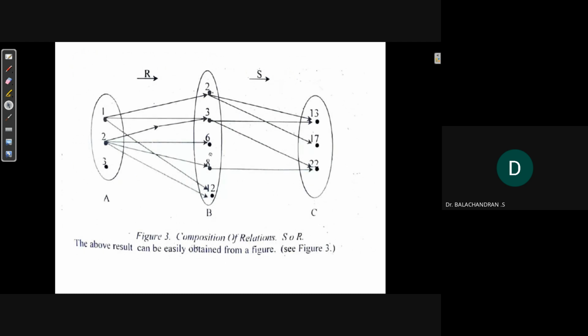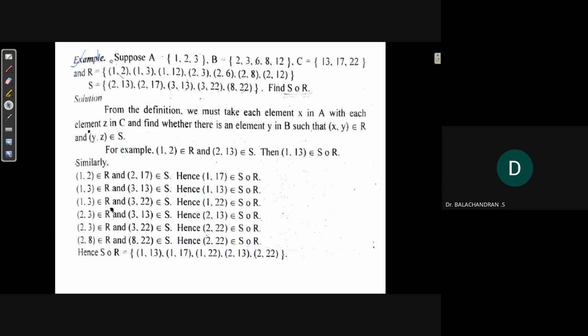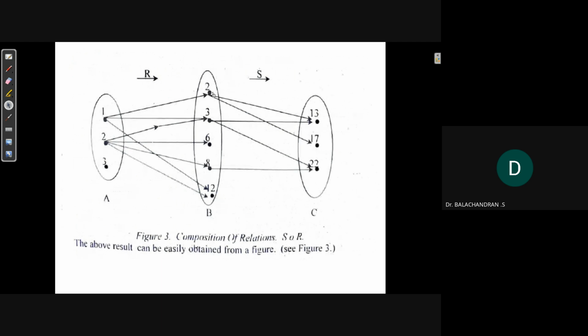From 3, I don't have any element. Next, S: 2 to 13, 2 to 17. Similarly, you should do all combinations in S also.